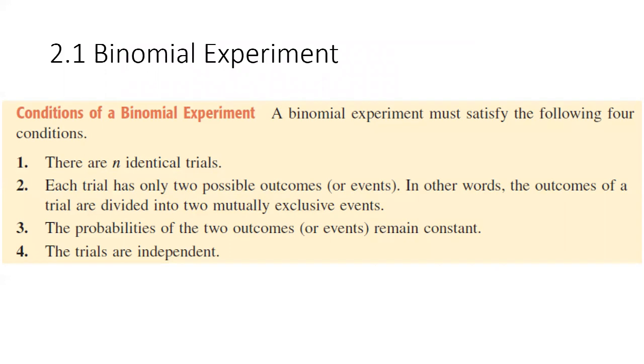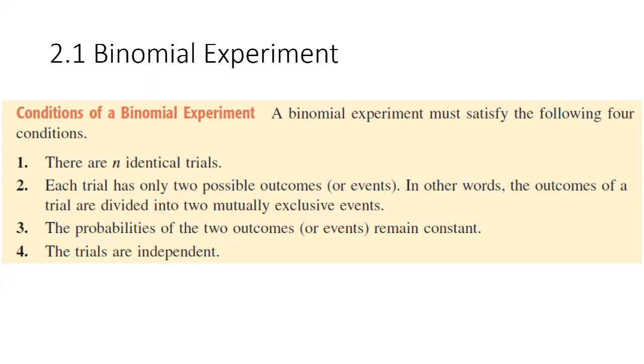Okay, I'll read this definition for you. Conditions of a binomial experiment. There are 4 conditions. A binomial experiment must satisfy the following 4 conditions. 1. There are n identical trials. 2. Each trial has only 2 possible outcomes or events.